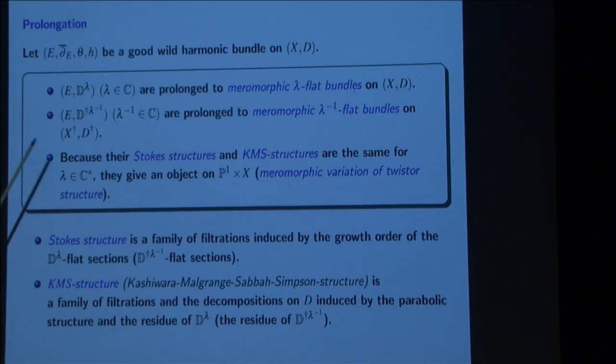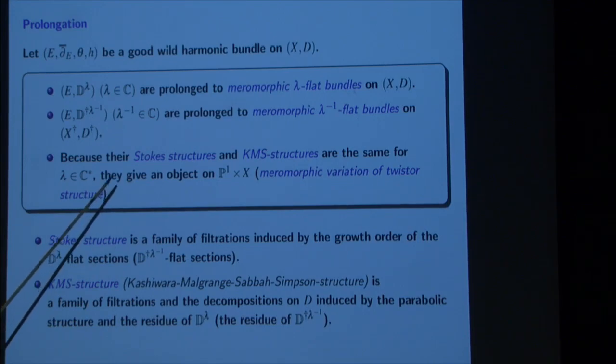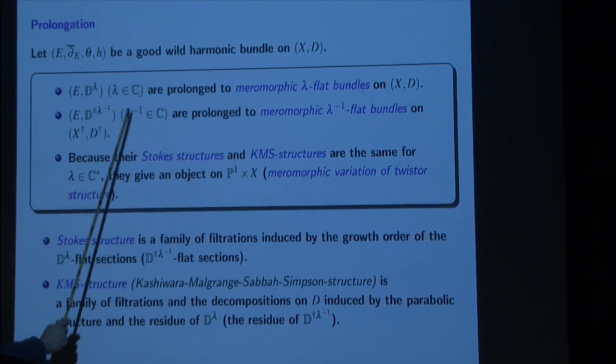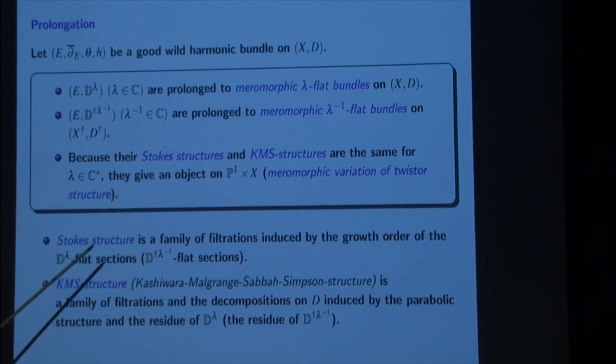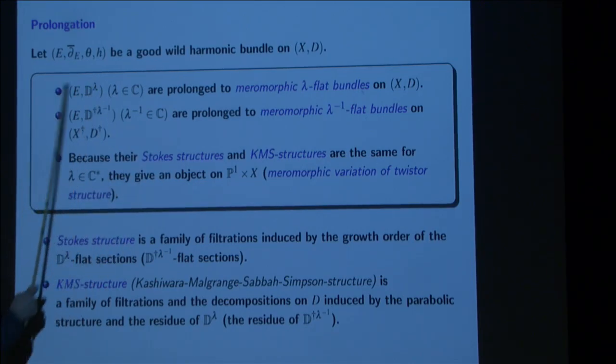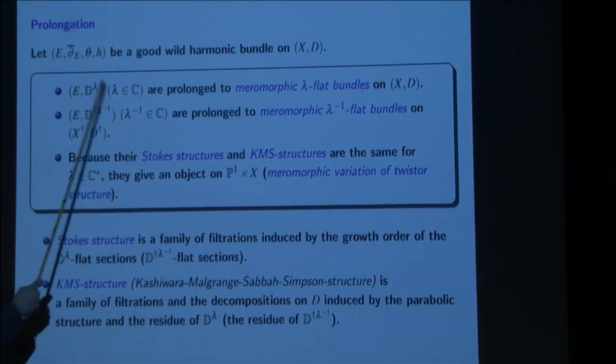It is not easy to explain, but we have Stokes structure on these meromorphic lambda flat bundles, given as a family of filtrations on sectors. We have two extensions, which are not compared directly, but the Stokes structures are the same, so we can regard them as the same.